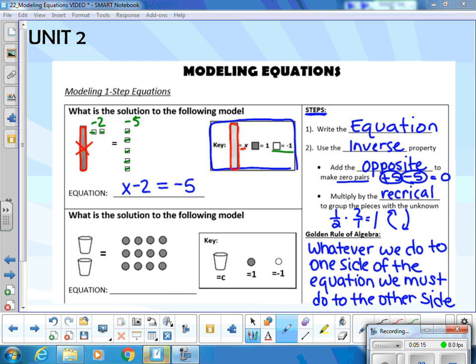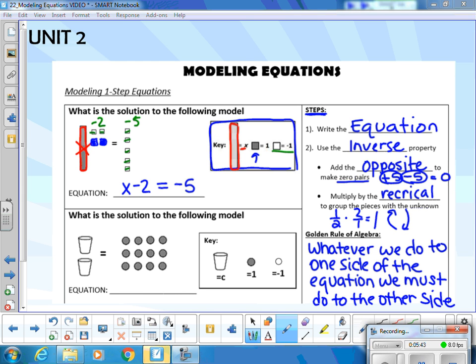Now, the second step, we just wrote our equation. Our second step is to come back over here, and number 2 says use the inverse property. So if we look at our equation, we're subtracting 2 or have a -2. So to do the inverse, that means I have to go to the opposite colored square. So if these were white, then I need to draw 2 dark squares to make 2 zero pairs.